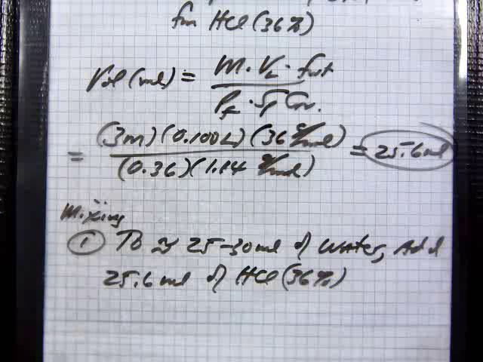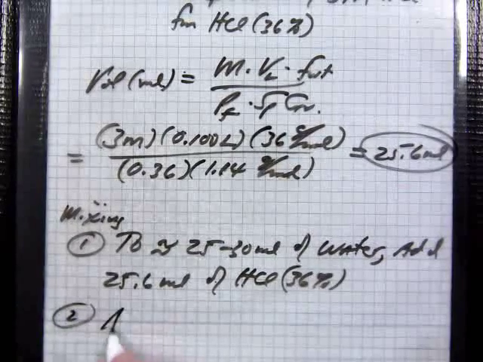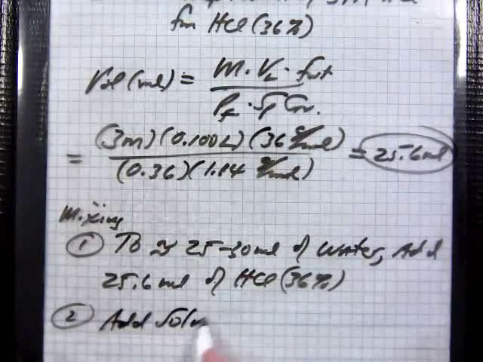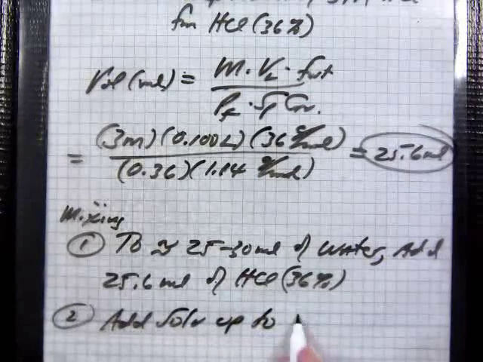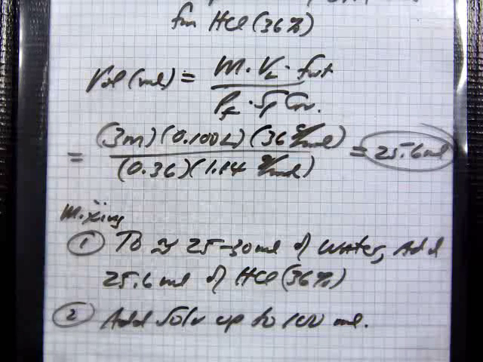All right, then you can dilute it to the 100 without exceeding everything. But if you started with 75 mils, then pour that on top, you'd be too much. Okay, and step 2, add solvent up to 100 milliliters total volume. So that's the point. The point is, try to figure out how much water you will need to start with, so that when you add your acid in, and then dilute, you won't overshoot everything.